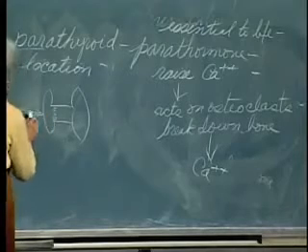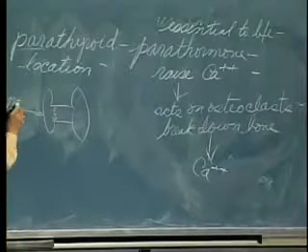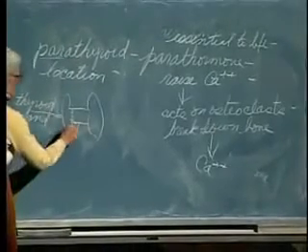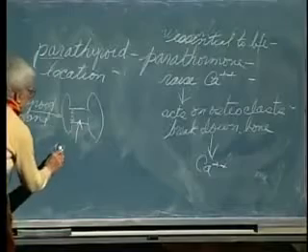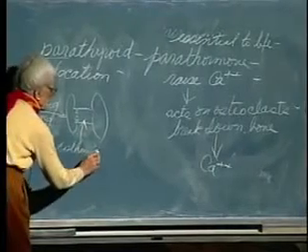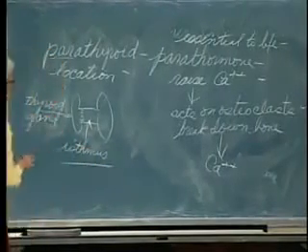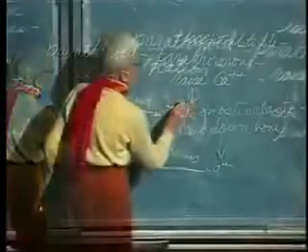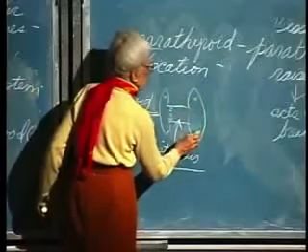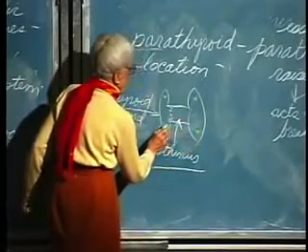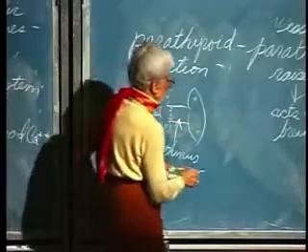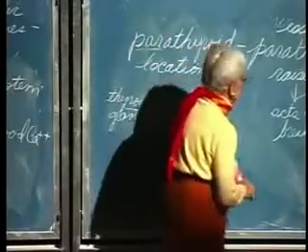This is our thyroid gland. This was the isthmus. Review, review, review. And these little parathyroids, there are 4 of them usually, are on the posterior surface of the thyroid gland. That's why parathyroid.